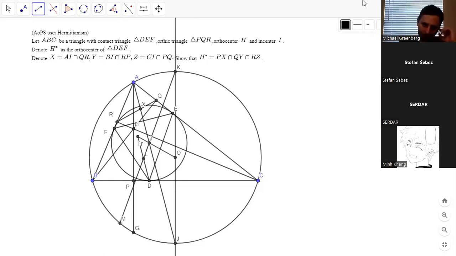Yeah, I'm going to hide it for now. I think it may be useful. Okay. You can write ratios.